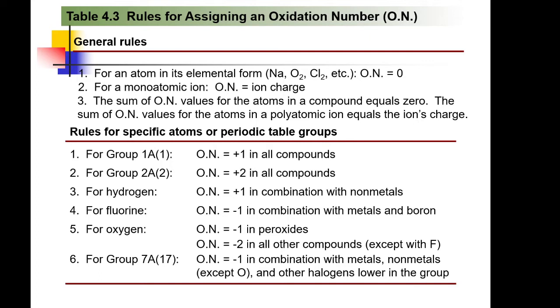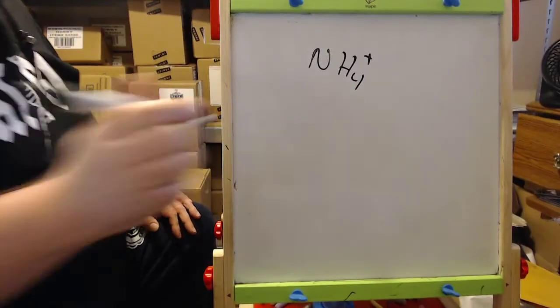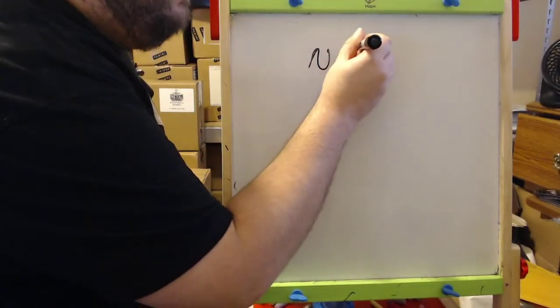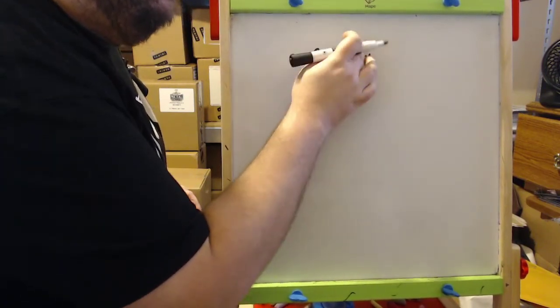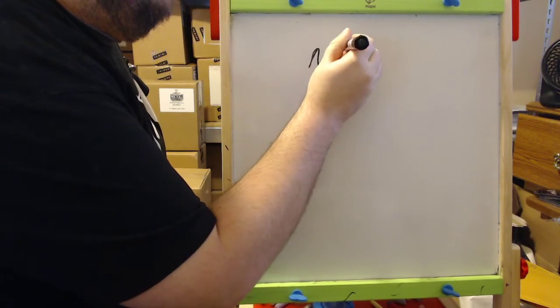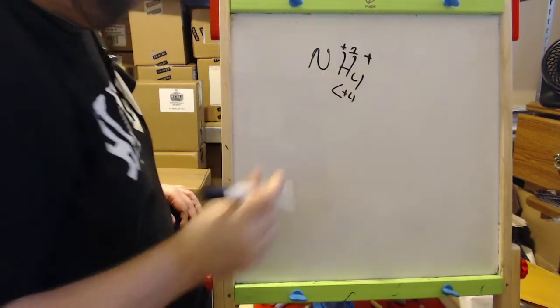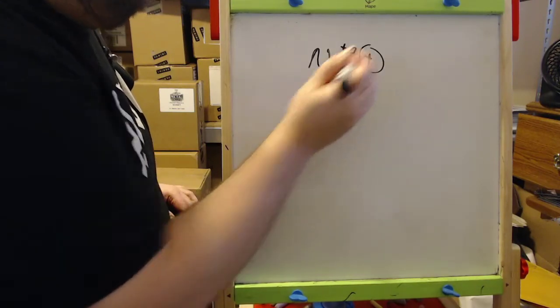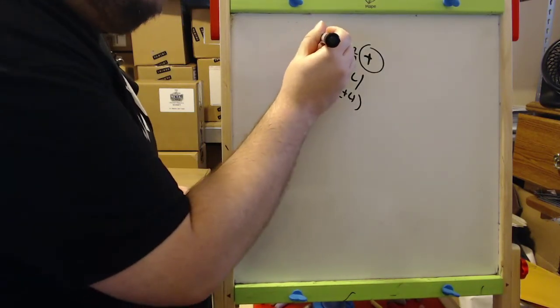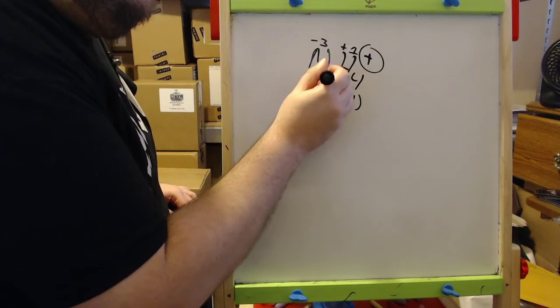Hydrogen in combination with nonmetals is always a +1. Nitrogen is a nonmetal, so hydrogen's a +1. +1 times 4 gives me +4. The total charge is +1, which means nitrogen has to be a -3.